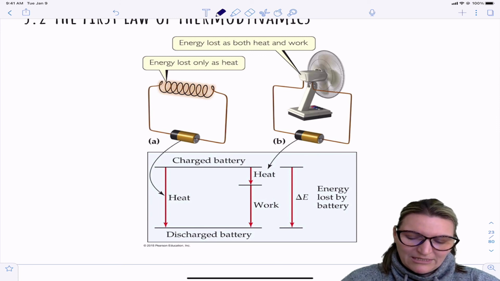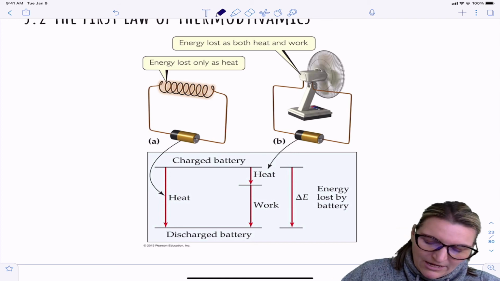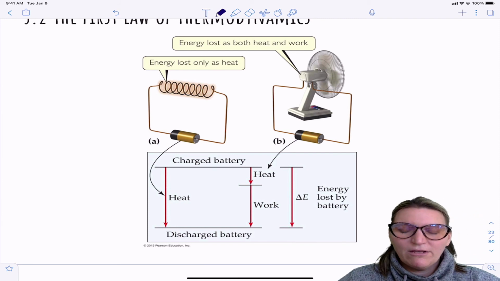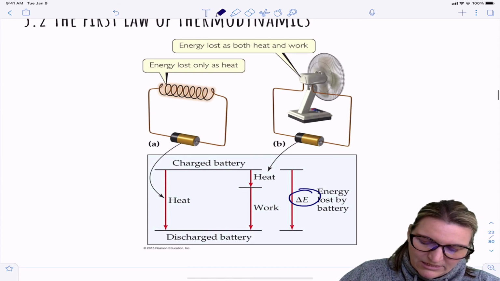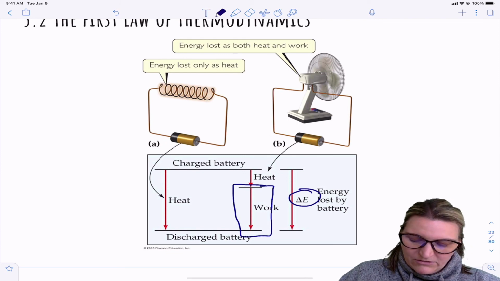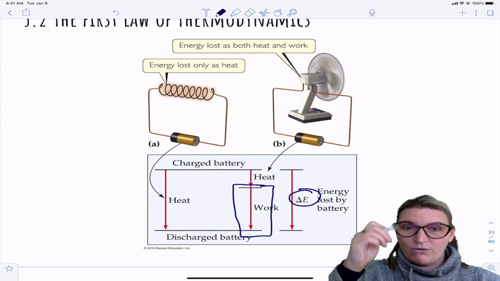So this is a fan that's running on a battery, right? And as the fan runs on the battery, the energy that's lost by the battery, the delta E, is a certain number. Some of that is lost in the form of work because of the rotor spinning around.